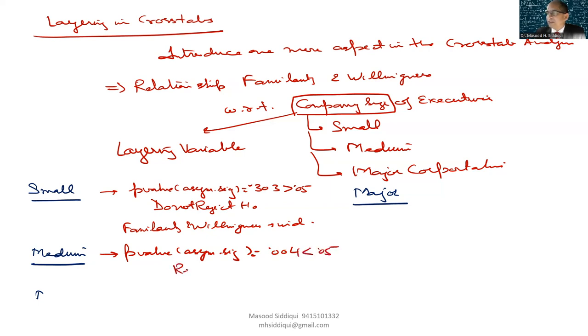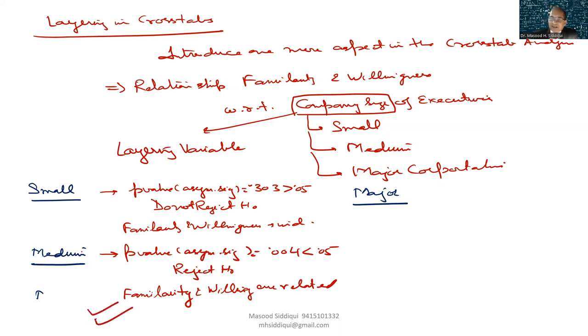So we reject H naught, meaning familiarity and willingness, or the willing category, are related. Since they are related, familiarity may have some impact on the willingness. So for the medium company executives, there is a point in using familiarity in order to increase the willingness.